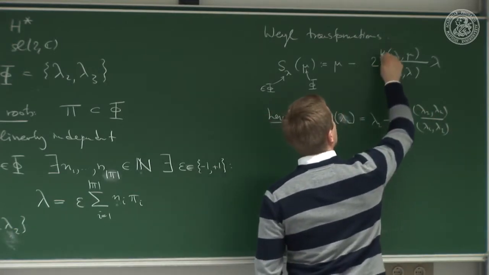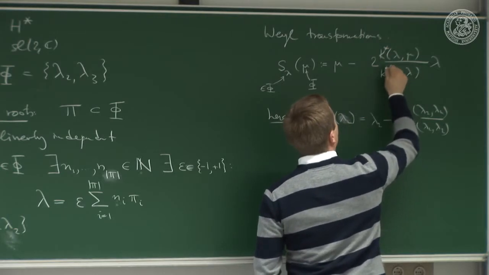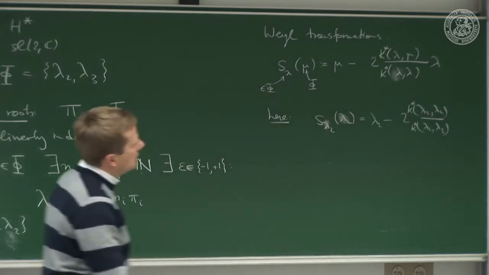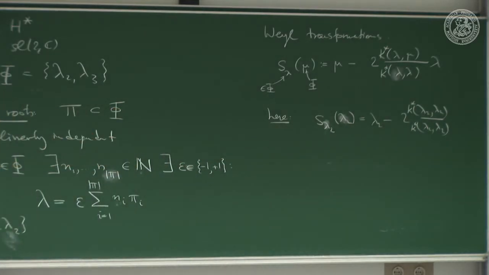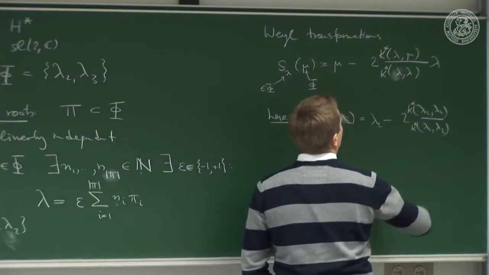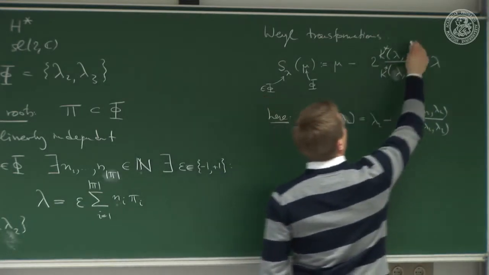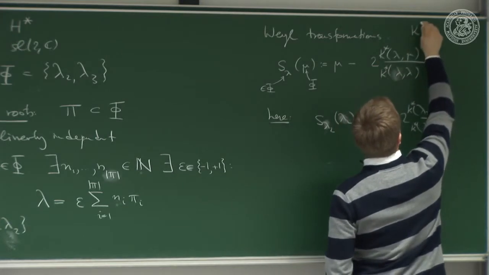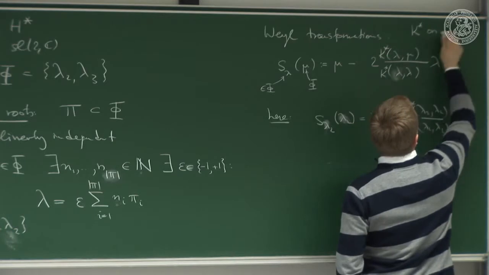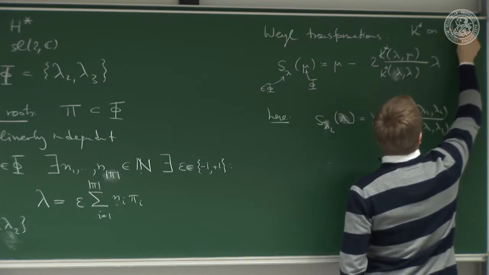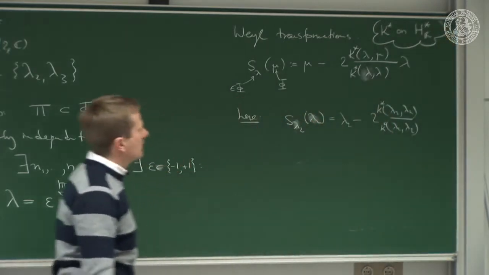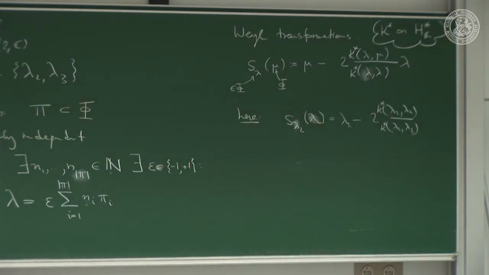And here, of course, this is the dual, by these brackets, I mean the dual of the killing form, restricted to the realification of the Cartan subalgebra. So K star is the dual killing form on the realification of the dual Cartan algebra.